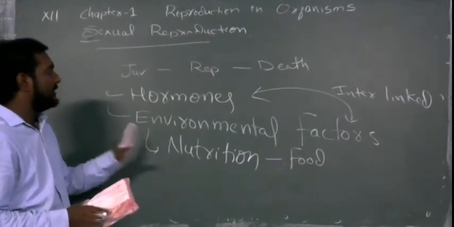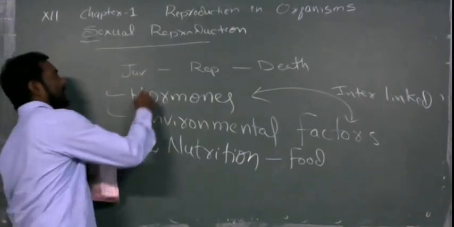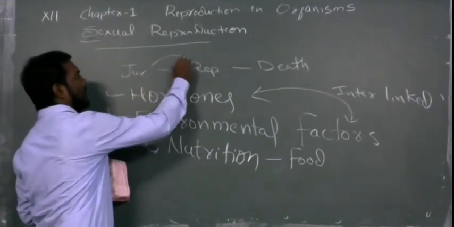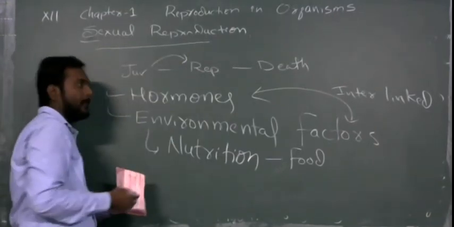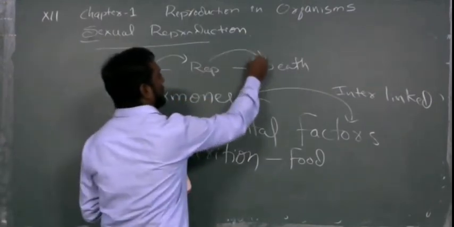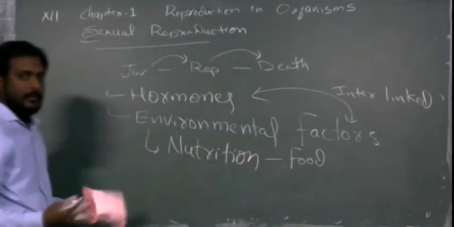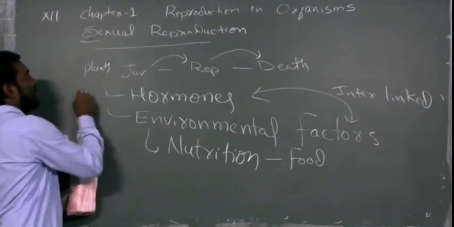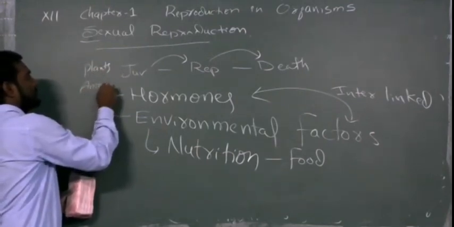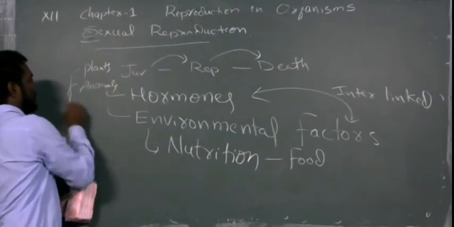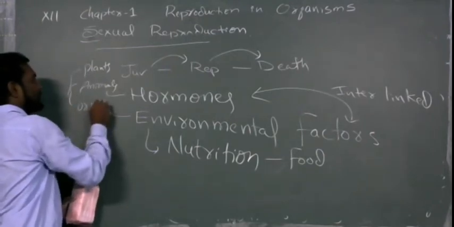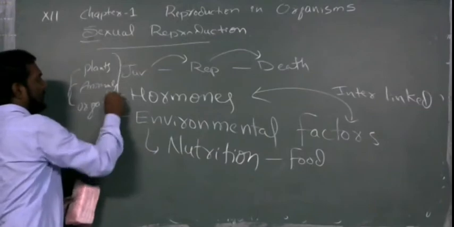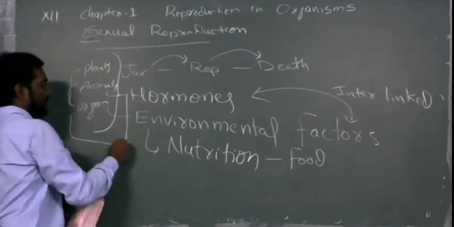So this decides when the juvenile converts into the reproductive phase and the reproductive converts into the death phase. Clear? Not only human beings, the same thing happens in plants, animals, and a few more organisms. All three are important.